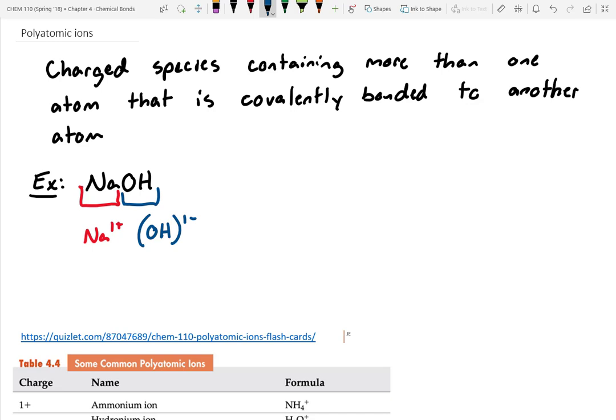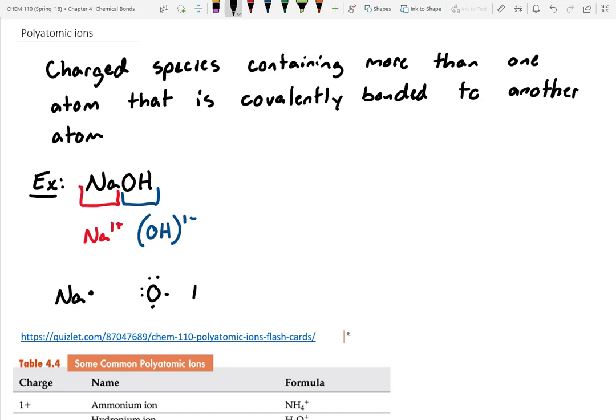All right, and let's take a look at kind of what's going on here with the Lewis dot structure. And I'm going to try to make it simple. Sodium, as a neutral element, has how many valence electrons? It's got to have 1. Okay, and then OH, as a neutral species, we know oxygen has 6 valence electrons.